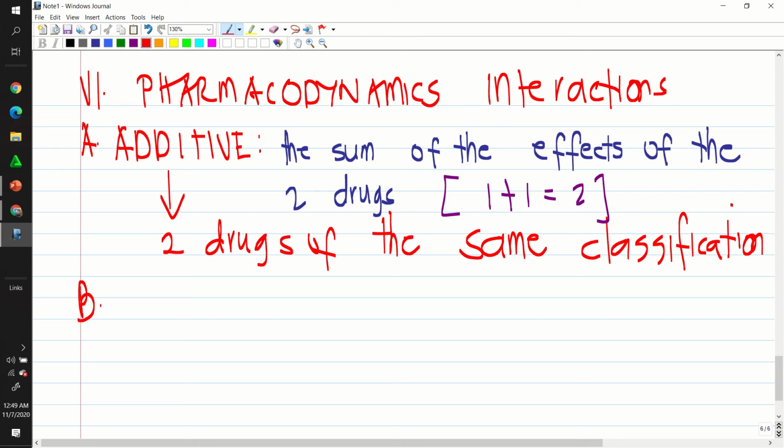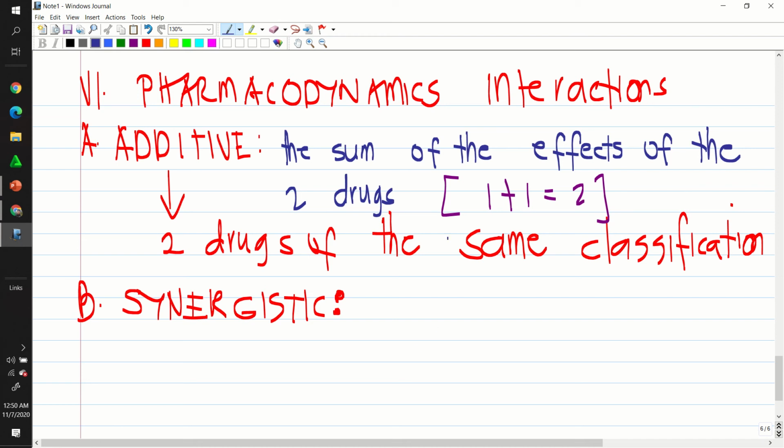How about, sir, your synergistic drug effect? Your synergistic, that is the clinical effect of the two drugs given together that is substantially greater than that of either drug. Meaning two or more drugs are given together, one drug can have a synergistic effect on another. Paano to, class?